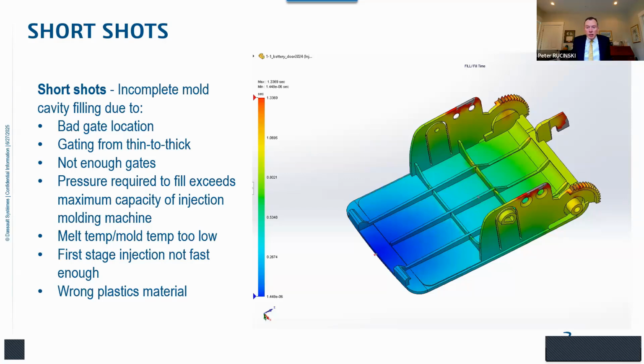Could be that we're just using the wrong plastics material. What I mean by that, if we take polypropylene as an example, we can have very high flowing grades of polypropylene, medium flowing grades, or what we call stiff or low flow grades. A lot of times that's simply due to the molecular weight of the material.